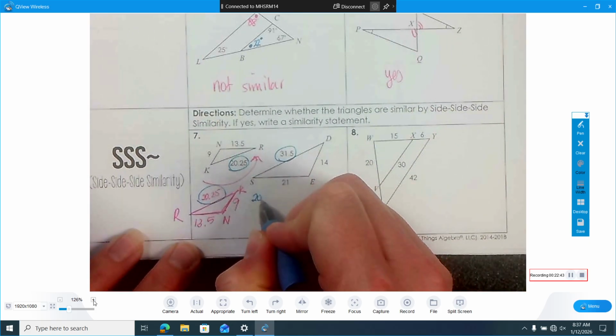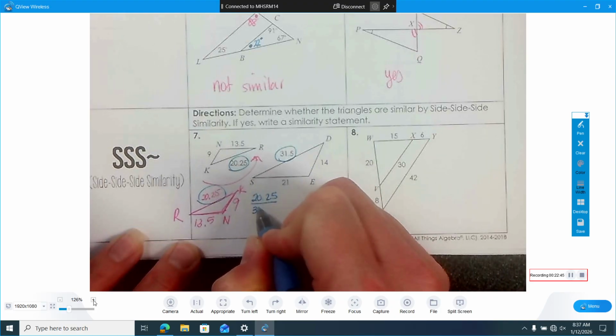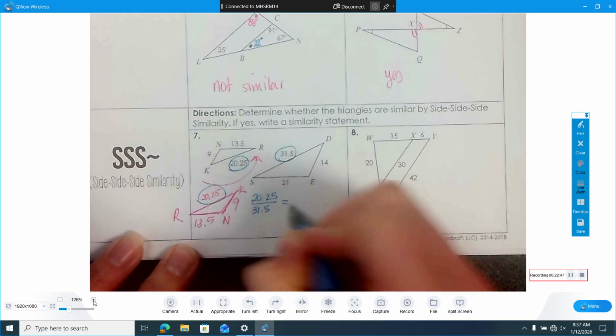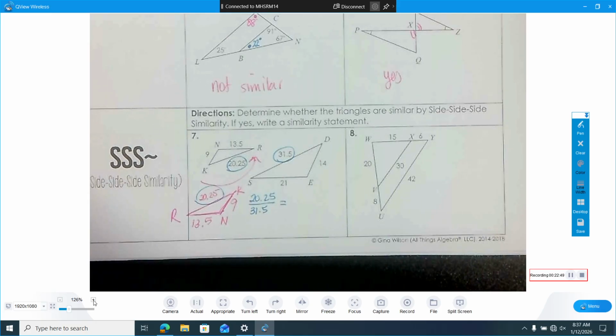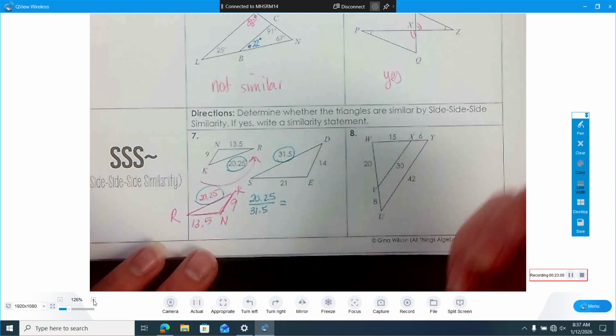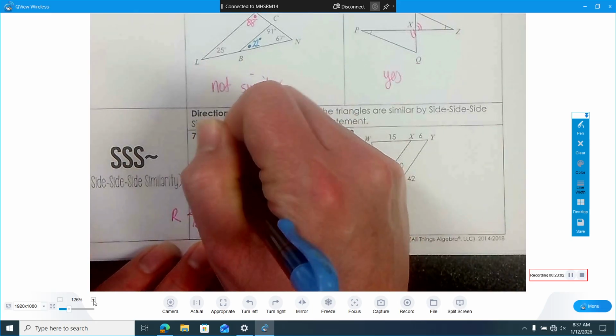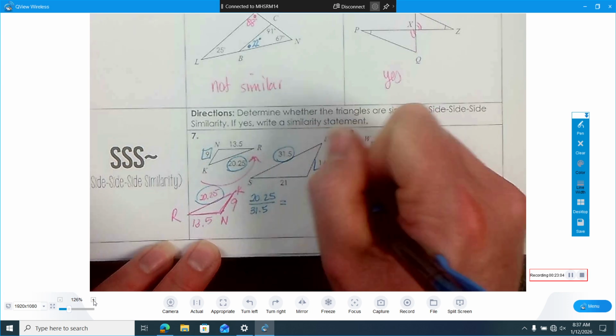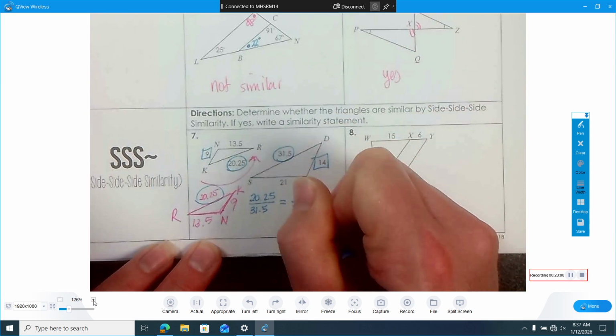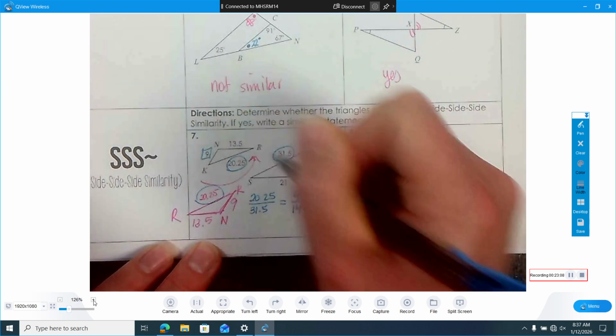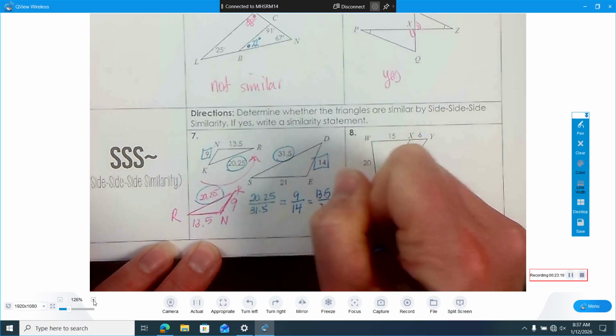So let's see, 20.25 over 31.5. Is it proportional to what and what? If the longest over the longest, then we can also compare the shortest and the shortest. So maybe 9 and 14. So I would do 9 over 14. And then last we have 13.5 over 21.